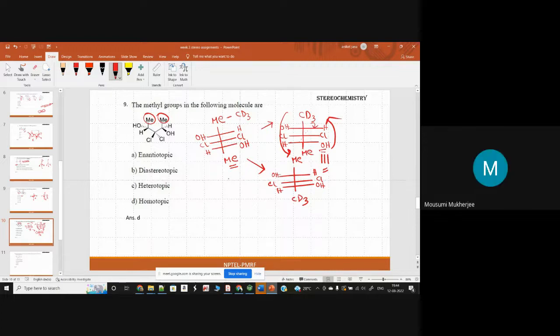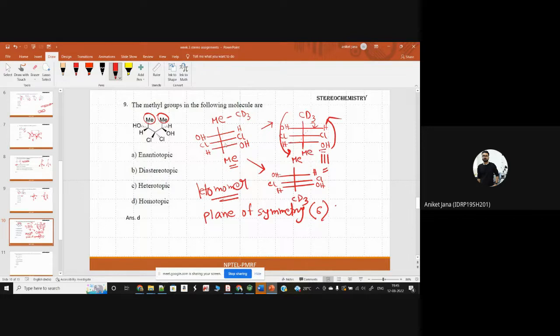Yes, sir. So we can conclude that if two groups are interchangeable by an axis of symmetry, then they are homomers. Here C2 is present through the center of the molecule, so they are homomers.